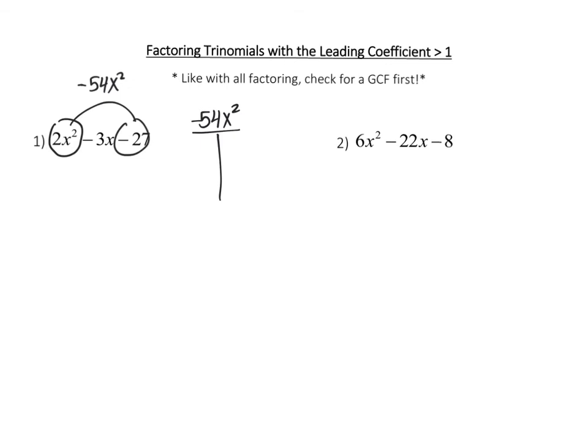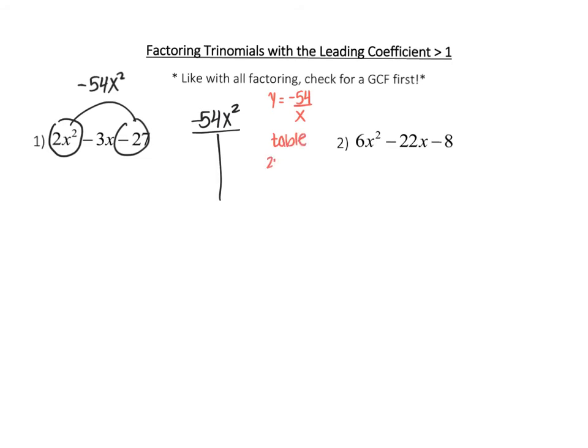Now, 54 is a number that might be too large to find the factors without the calculator. So there's a trick. If you go into the y equals and you type in that number, just 54, you can't put the x squared in, so just do 54 divided by x. It's a little trick. And you can hit the table of values.